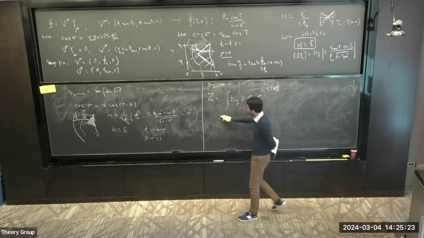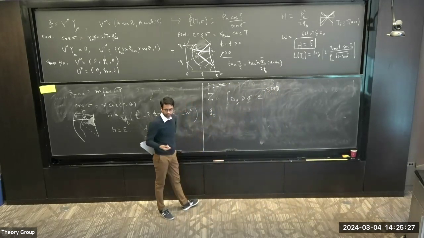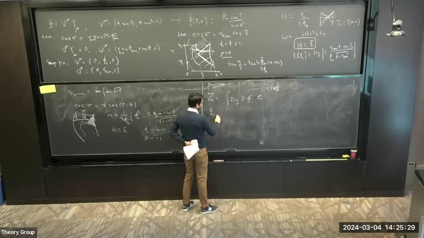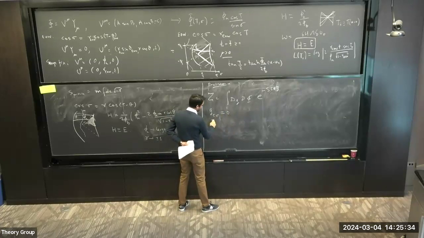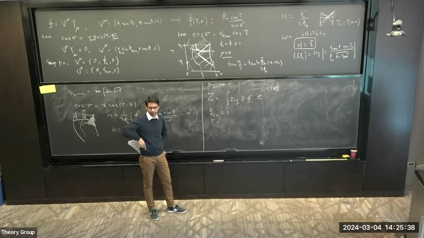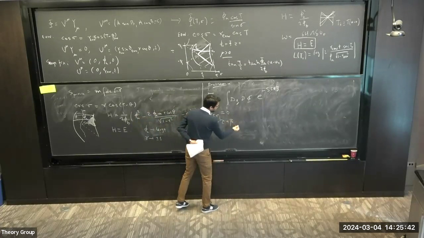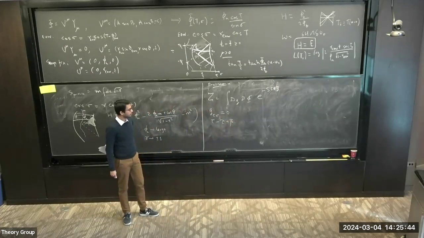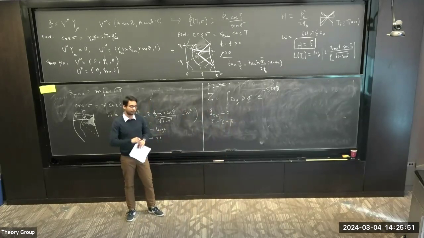I can choose a gauge such that, with tau my Euclidean time coordinate, g tau sigma is 0, and I want to look at saddles which have a particular temperature at the boundary. So I periodically identify tau.